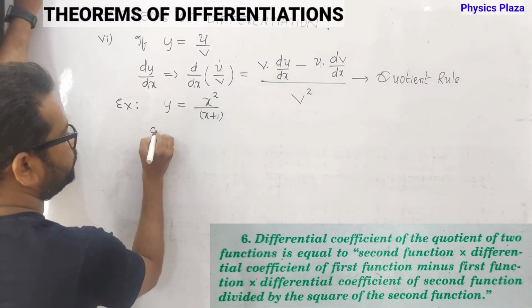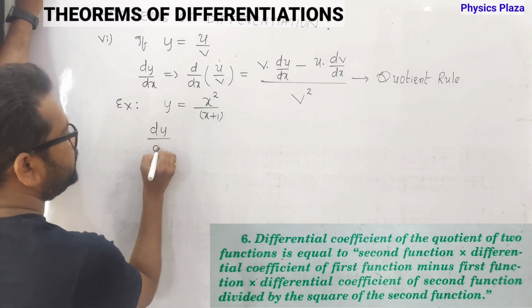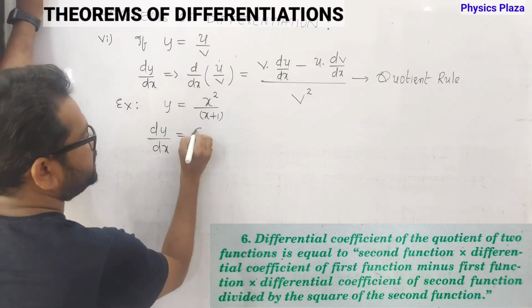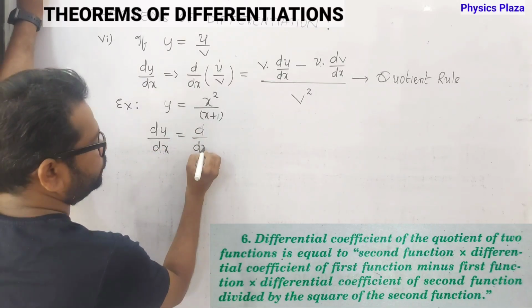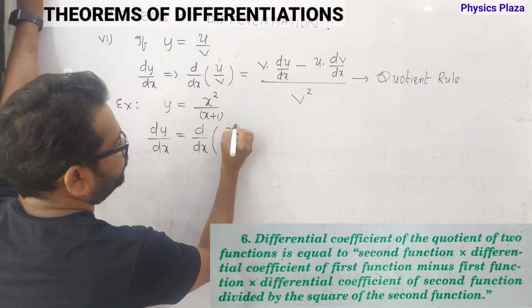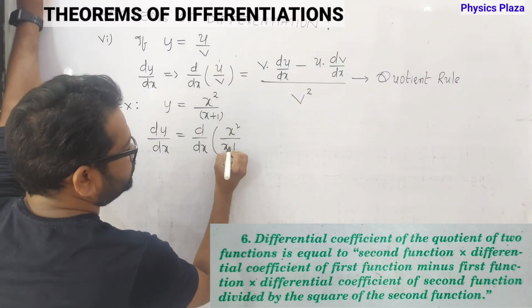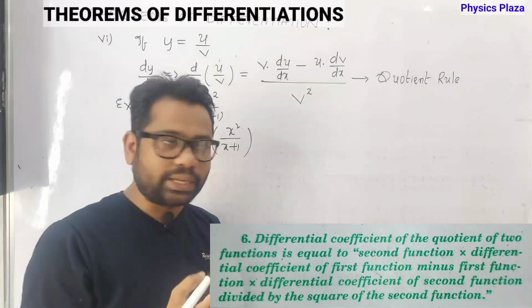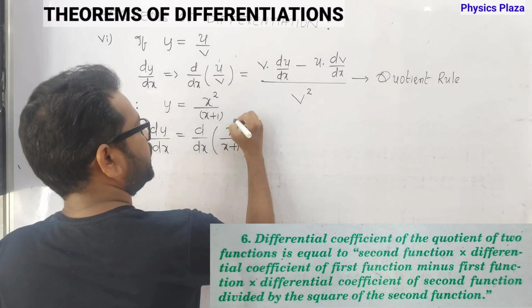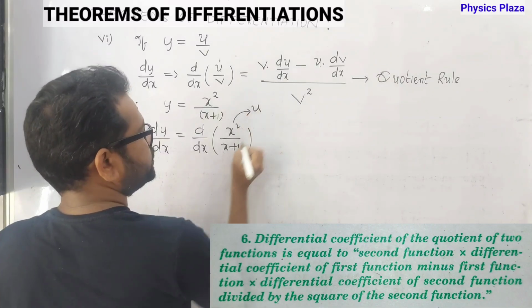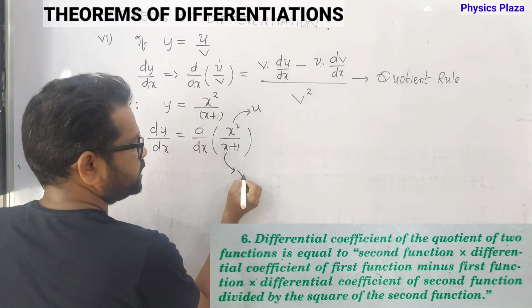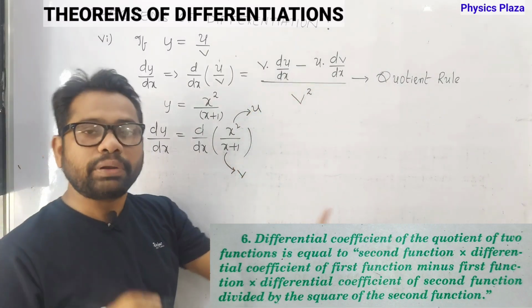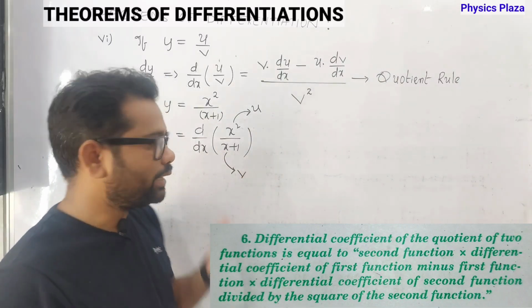So its differential quotient, that is dy by dx, can be written as d by dx of x square by x plus 1. So here first you have to identify what is the first function and what is the second function. Children, here x square is u, that is the first function, and x plus 1 is the second function. Now let us apply the formula first, then you can simplify later.